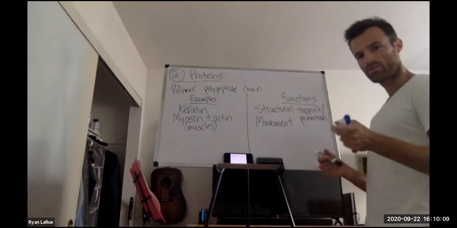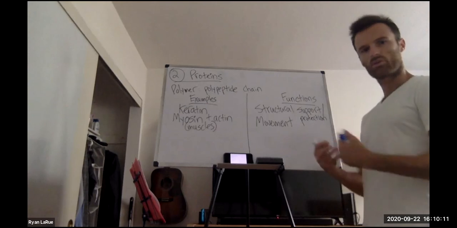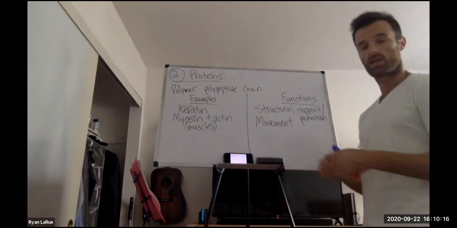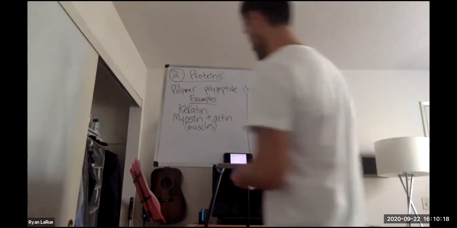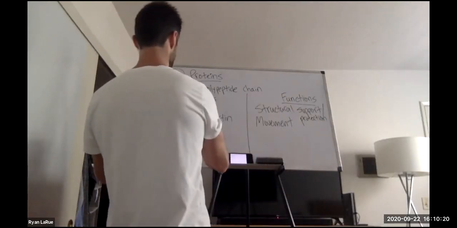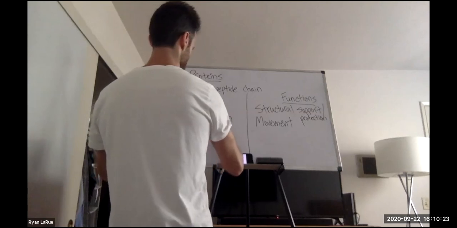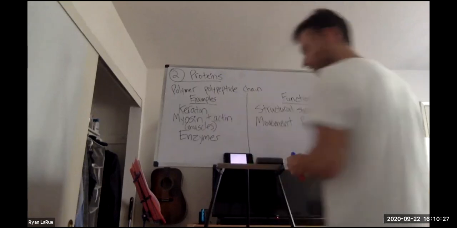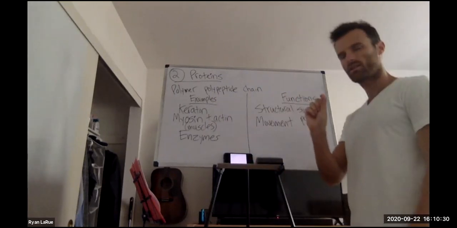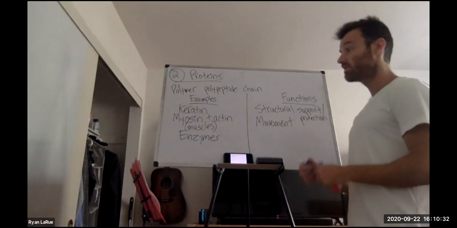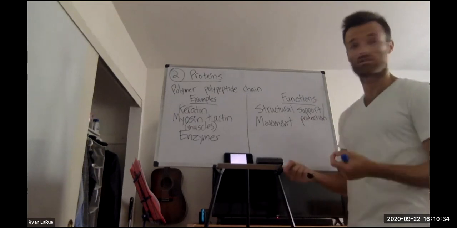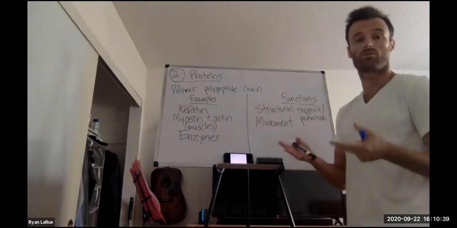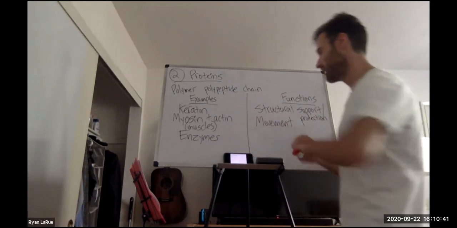I mentioned lactose being broken down by this enzyme. Enzymes are also proteins. If you take any biochemistry, and we're going to do a little slice of it in metabolism, we're going to look at a lot of chemical reactions in cells. Each one has an enzyme that allows the reaction to happen.